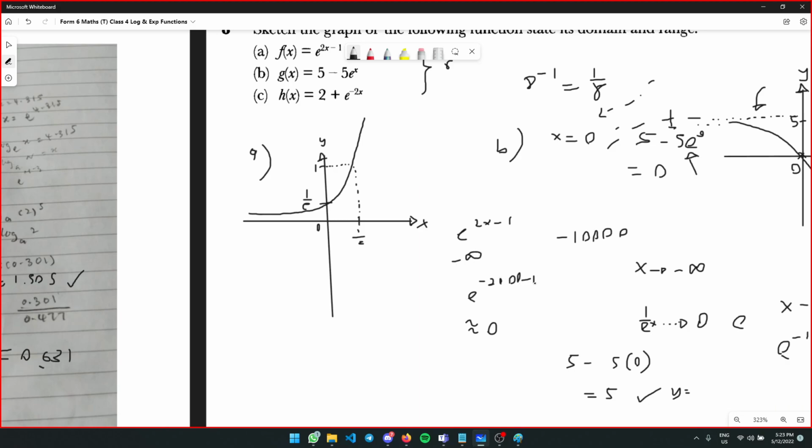So negative infinity minus 1 is still negative infinity. So e to the power x minus 1 will just approach 0. Did I misunderstand something you're asking me?